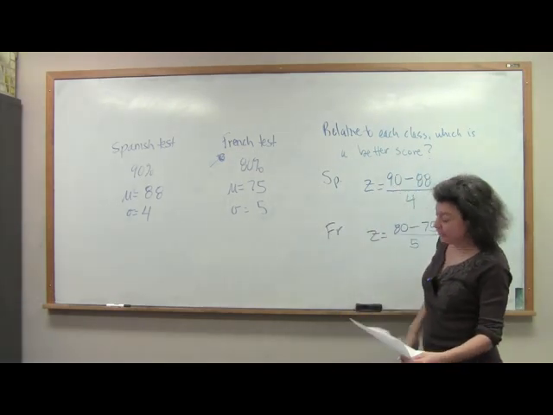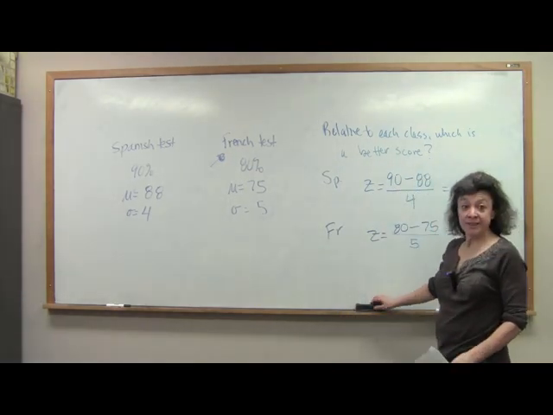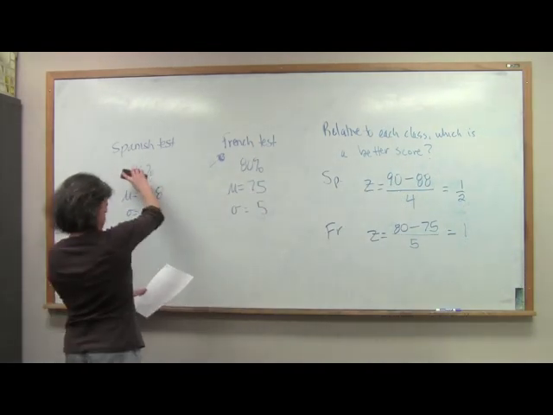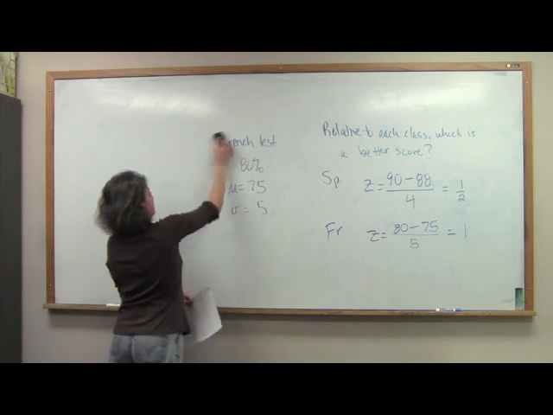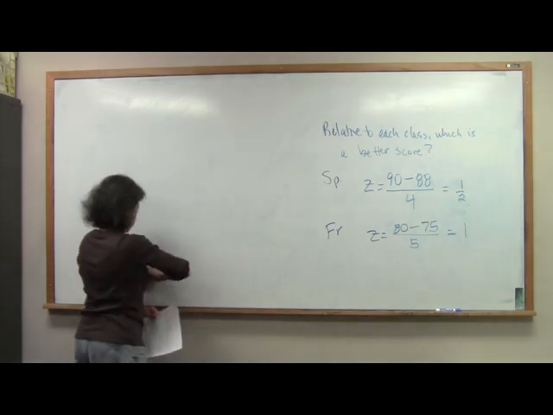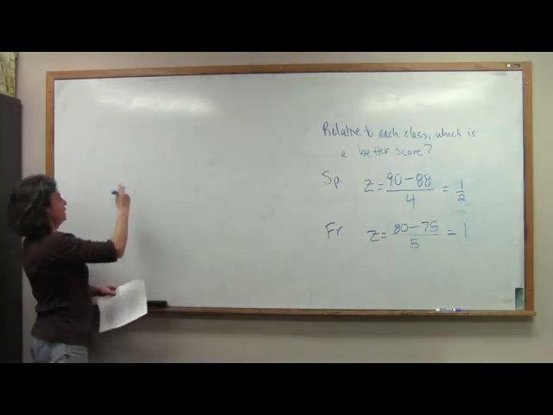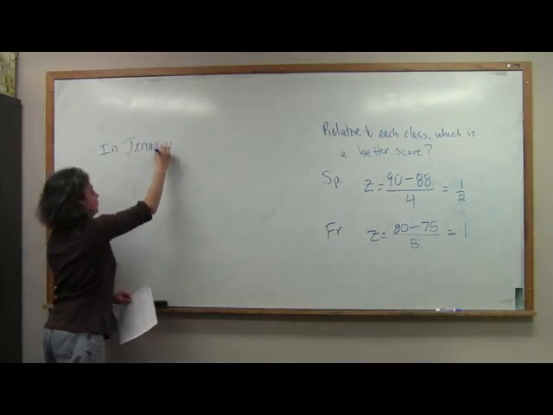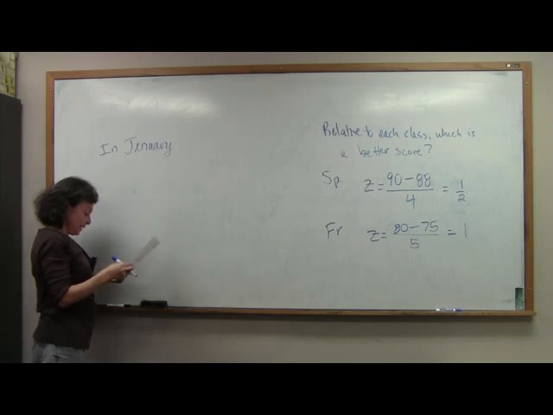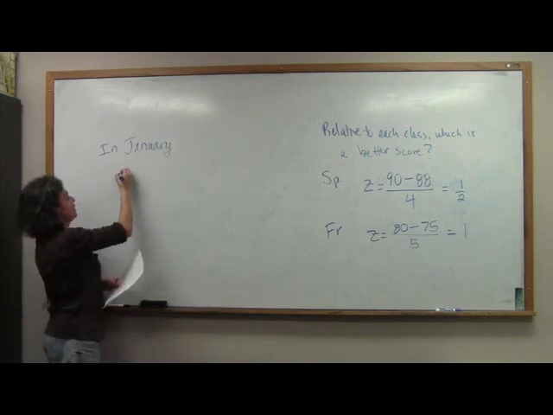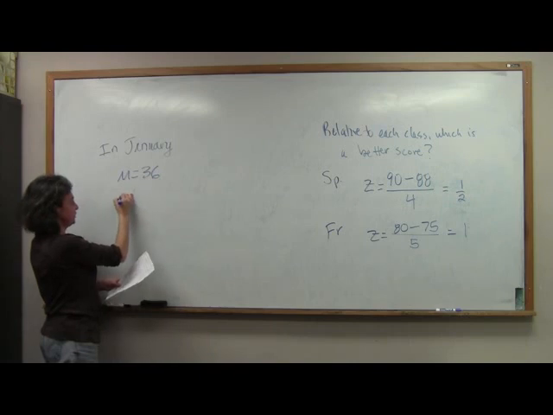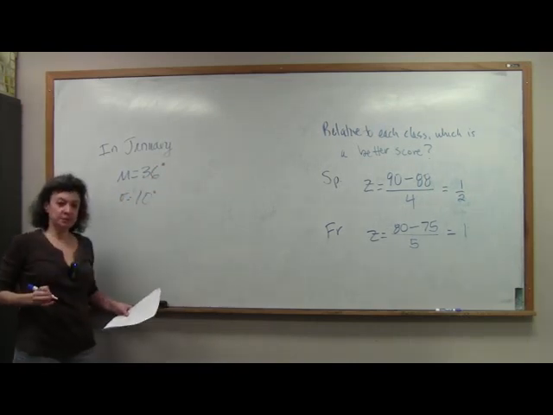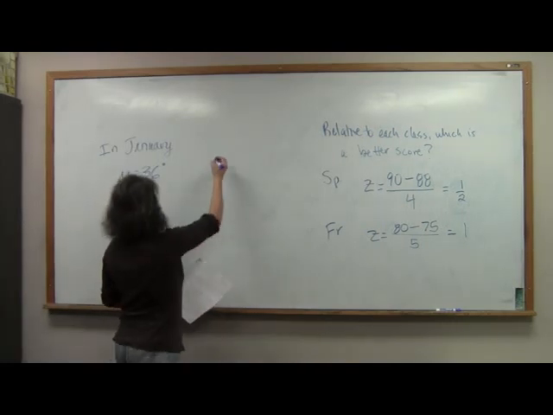Okay, so another example of this is as follows. Suppose in a certain town in the month of January, the average temperature is 36 degrees and the standard deviation is 10 degrees Fahrenheit.